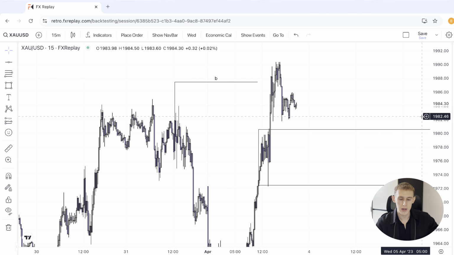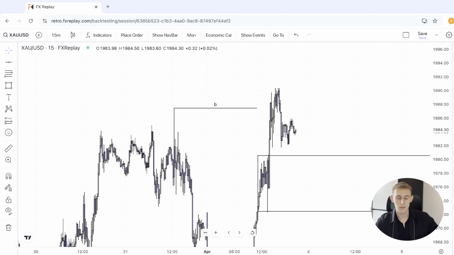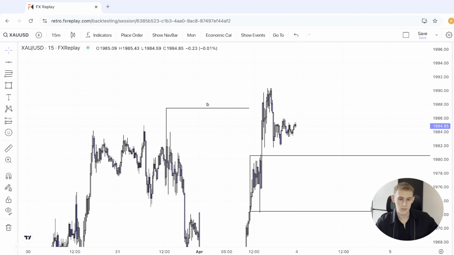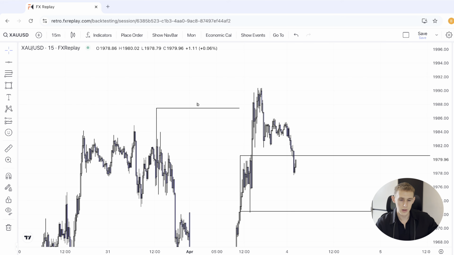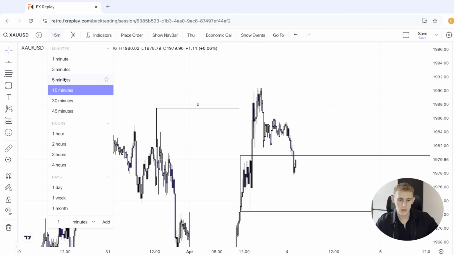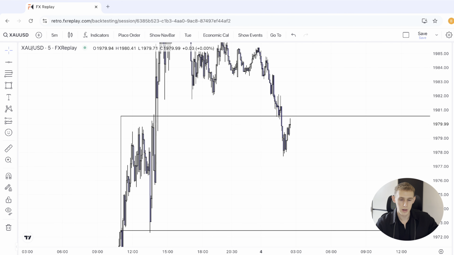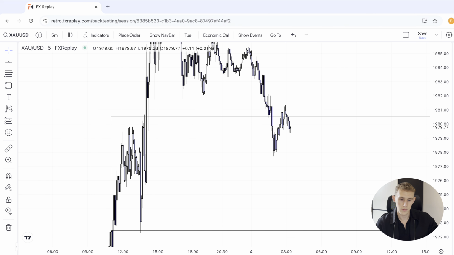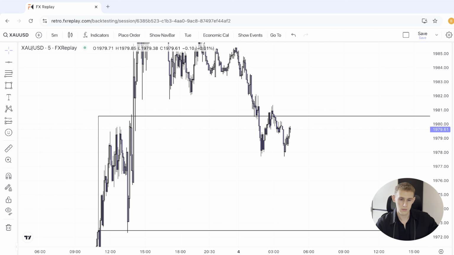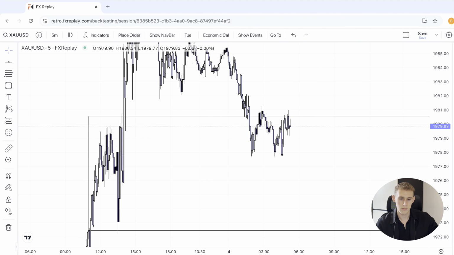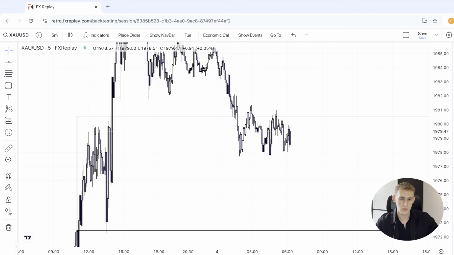Very clear on the 15-minute as well. There we go. So let's have a look for a confirmation here. Took out this low into the imbalance as well. Nice, there we go.